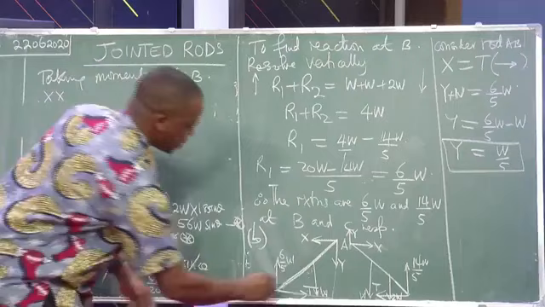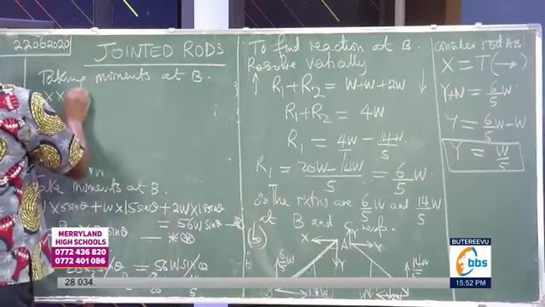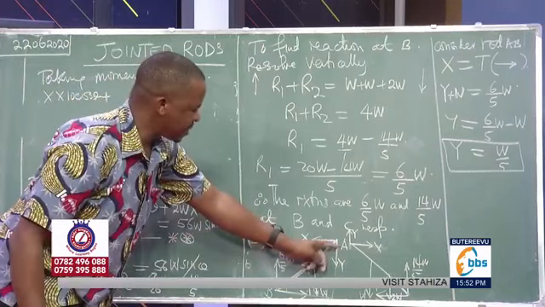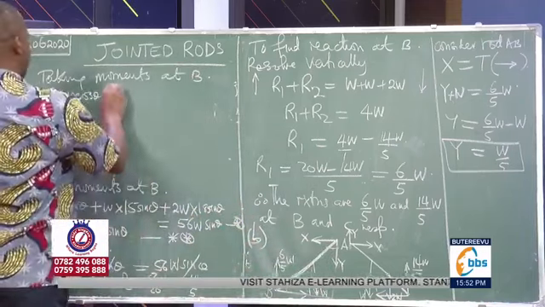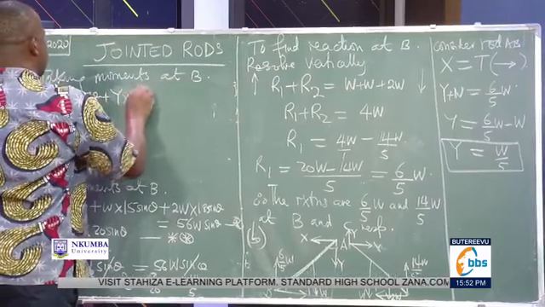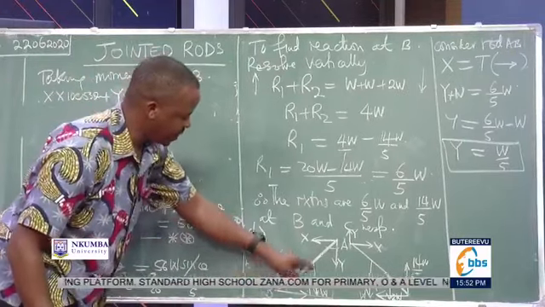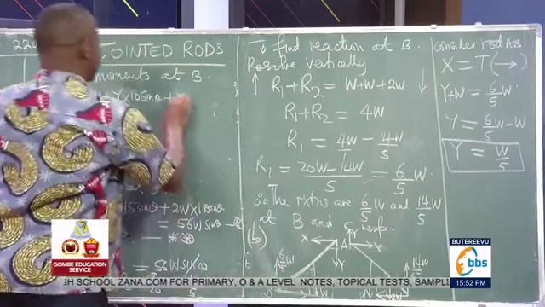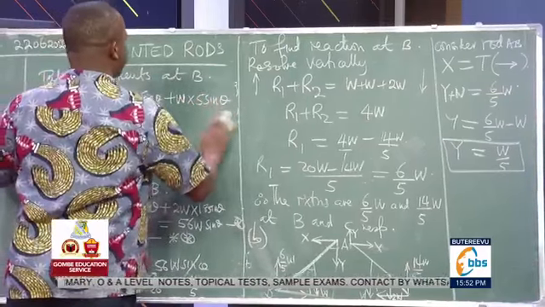Since this angle is theta, this will be the cos. So it will be X times 10 cos theta, plus my Y, whose perpendicular distance is 10 sine theta. Y times 10 sine theta. And my W is halfway, this is 5, so the distance is this, which means we shall use sine, plus W times 5 sine theta.